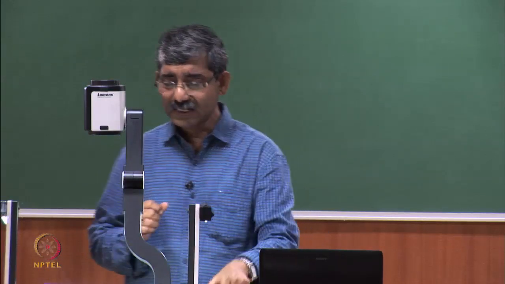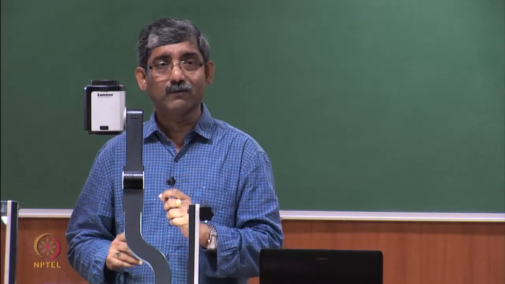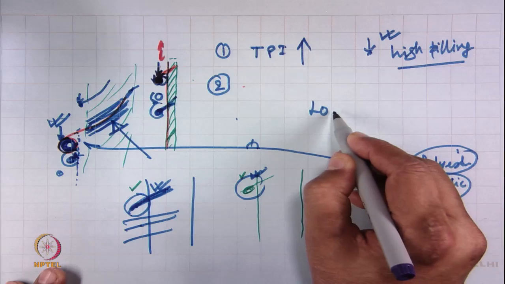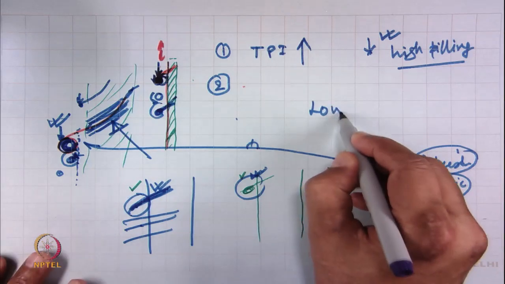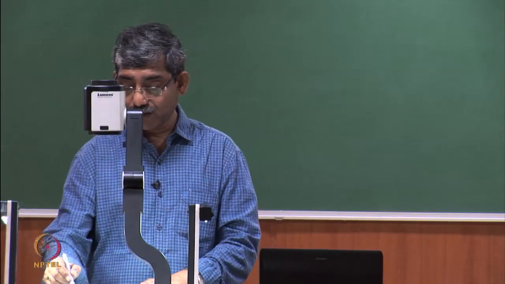Now, there are some man-made fibers which have been developed with low breaking strength, lower lateral strength, like polyester.